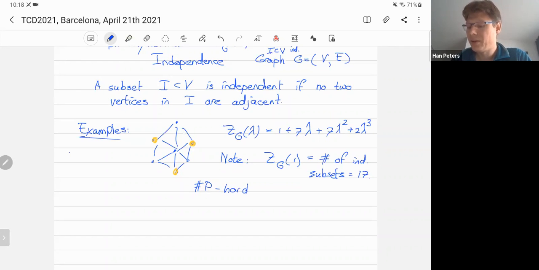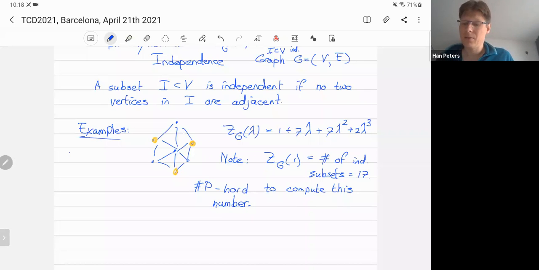So this is what's technically called sharp P-hard. Maybe you heard of NP-hard. The question, is there an independent subset of a certain size? That would be an NP-hard problem. And counting the number, so sharp P is the counting version of an NP-hard problem.